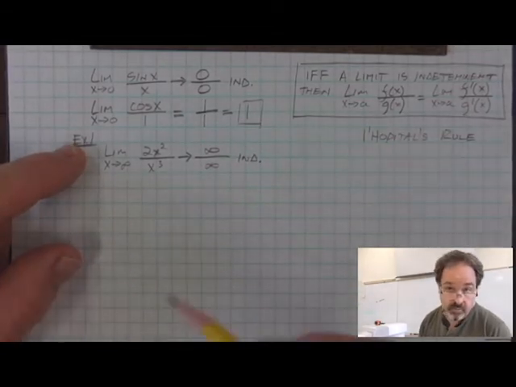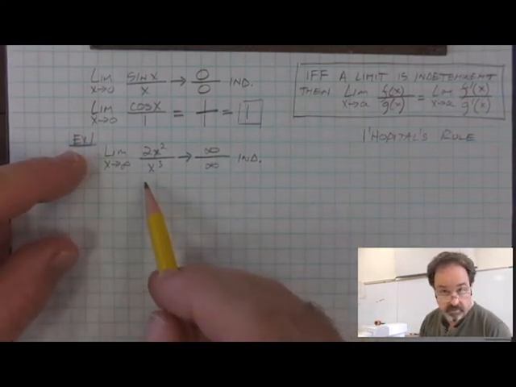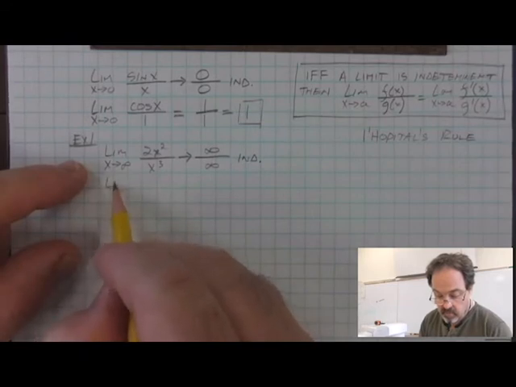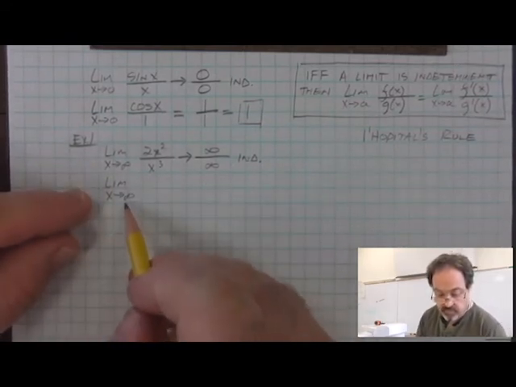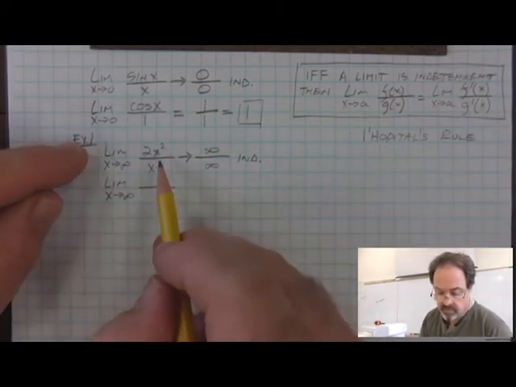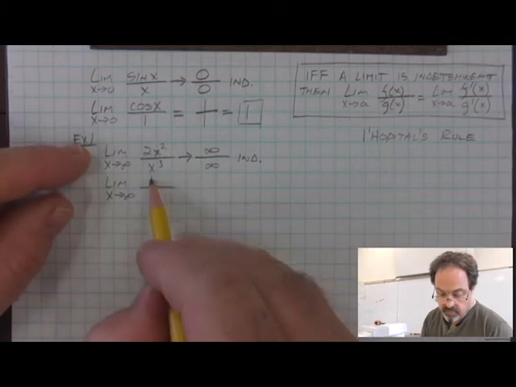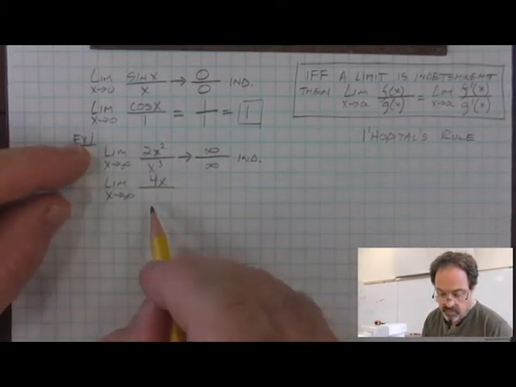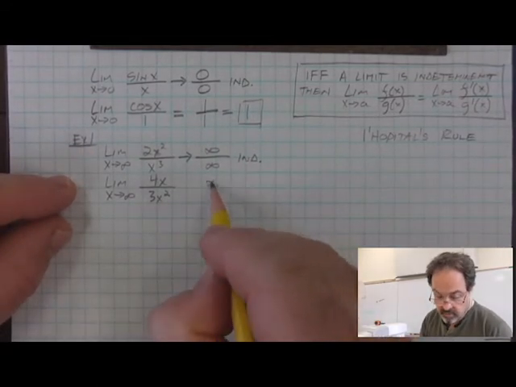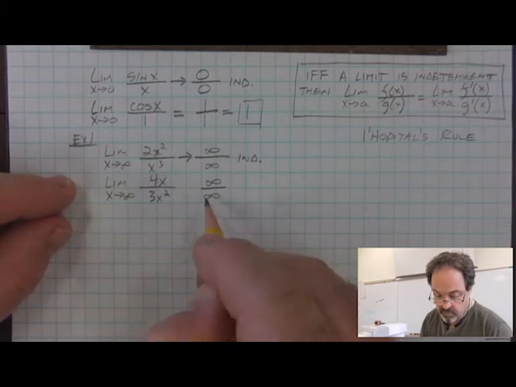Let's use L'Hopital's rule to get there. It's indeterminate form, so I can convert the limit, same approach statement, but the new expression will be the derivative of the numerator, in this case 4x, divided by the derivative of the denominator, 3x squared. Reattempting the limit, I can see that I'll get infinity over infinity again.